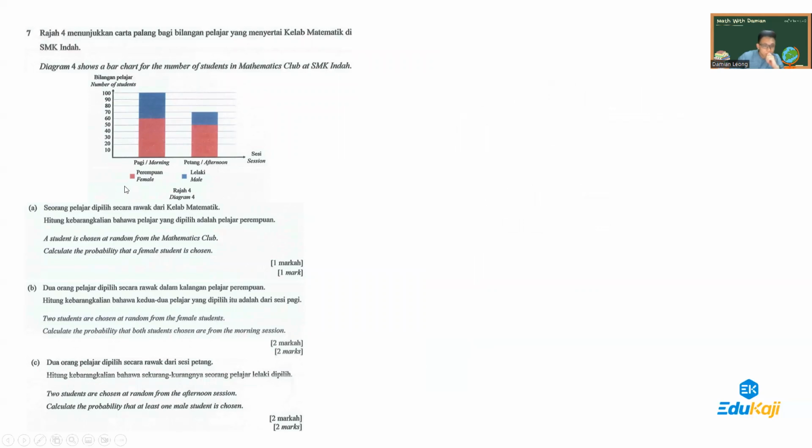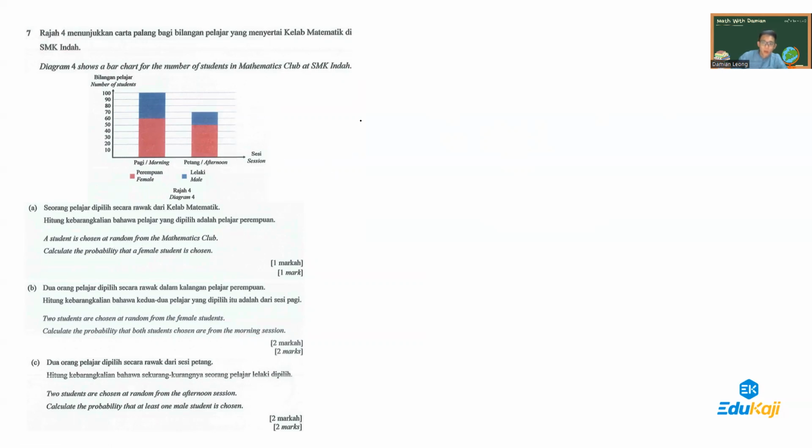Question 7. I have a bar chart here. I want the probability that a female student is chosen. A student is chosen randomly from the mathematics club, so this whole thing is the mathematics club.